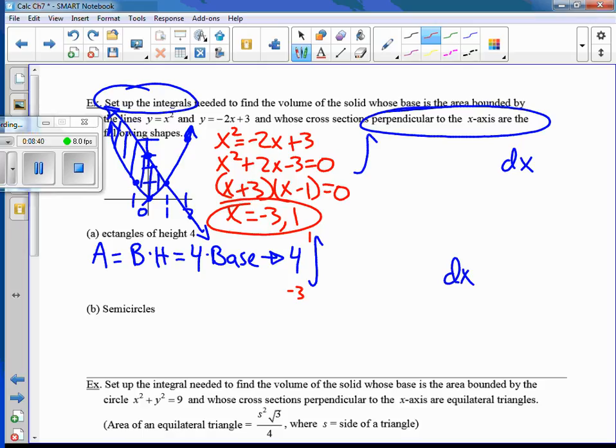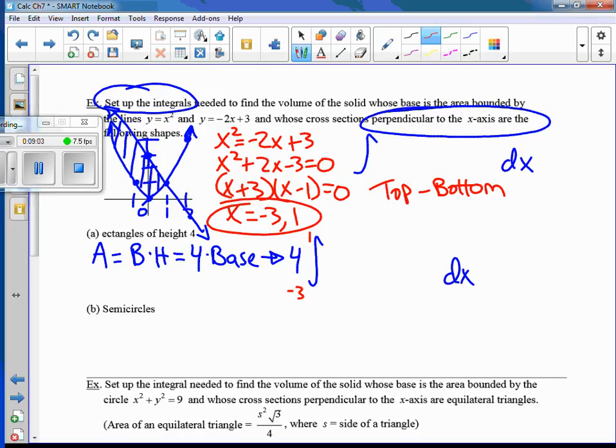Well, the base is this shaded area we have right here. Now remember, use the content that we talked about when we were finding the area between two different functions. Whenever it's with respect to dx, remember that we still have to do top minus bottom. So this really hasn't changed. You're still going to do top minus bottom. So what's the top function right here?